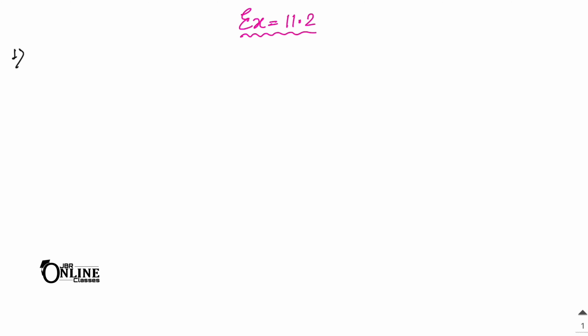Find the new coordinates of the point 5, minus 3, if the origin is shifted to the point minus 1, 2, axes remaining parallel to the original axes. So here first, let the coordinates x, y of any point change to capital X, capital Y on shifting the origin to the point minus 1, 2.